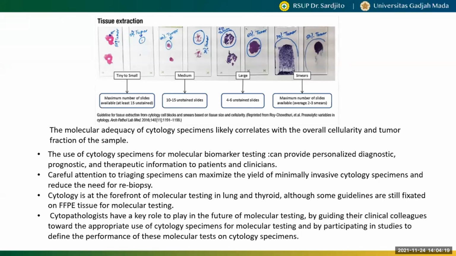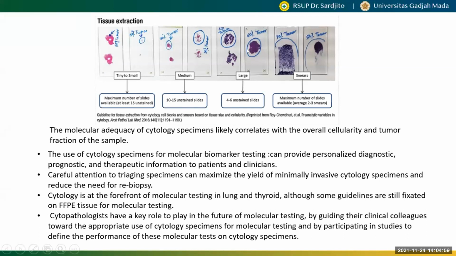So we can reckon that maybe you will need at least 50 unstained slides if you have specimens like this. So it is also important how to make the slides in the cytology phase. And in the second left here, usually it is said that at least 10 to 15 unstained slides if you have specimens as big as this, and maybe only 40% of it is the tumor. So it can be mixed with other cells.